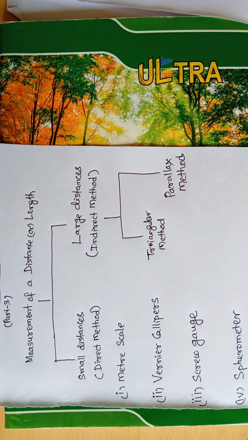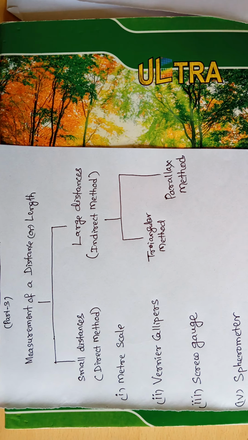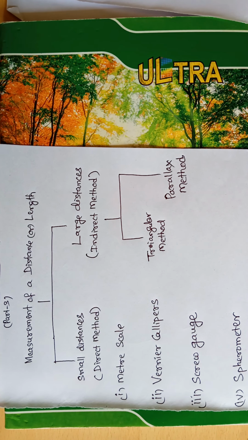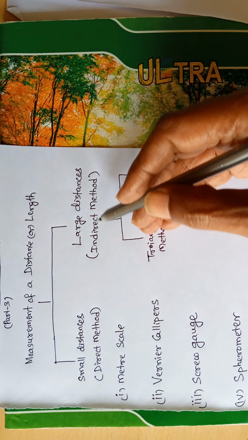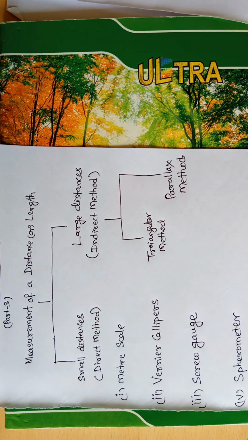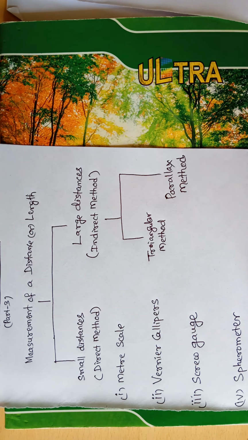What is the second category? Now we have large distances or very large distances. How do we measure? We choose an indirect method, and in that again we have 2 types. One is the triangular method, another is the parallax method. You know very well about the triangular method.